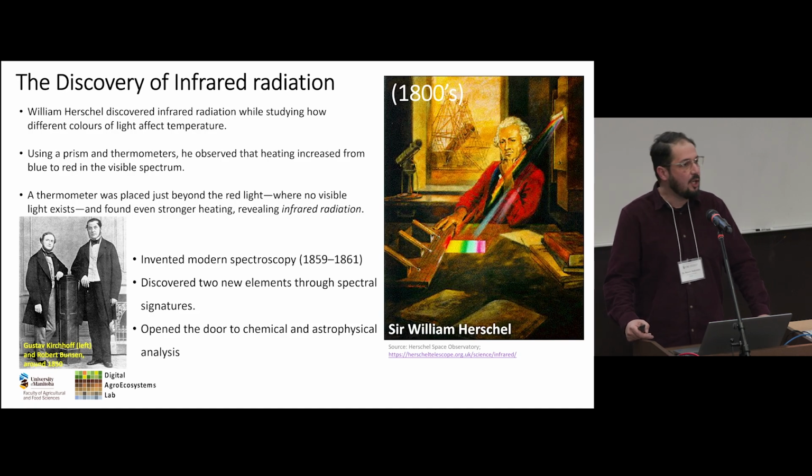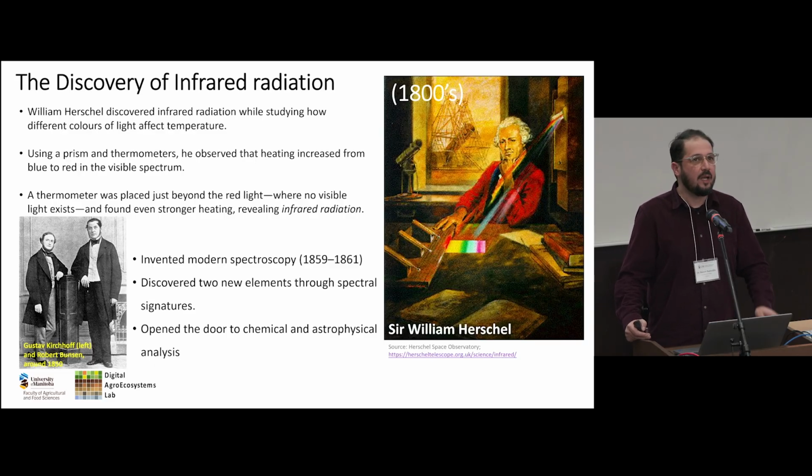That's the race of spectroscopy going to the early 19th century. Gustav and Robert from Germany discovered that they can see some specific elements, cesium and rubidium, being discovered in 1860, 1861. It's the birth of analytical chemistry using spectroscopy and color.